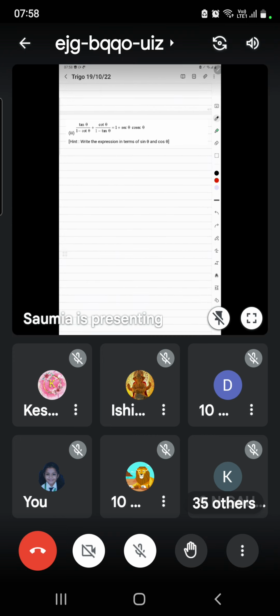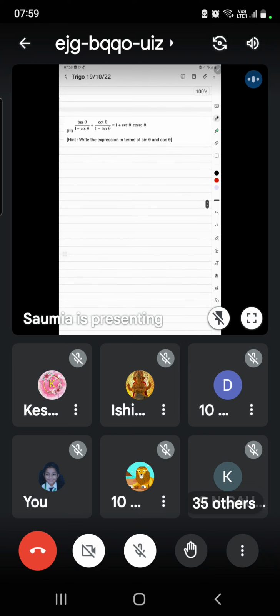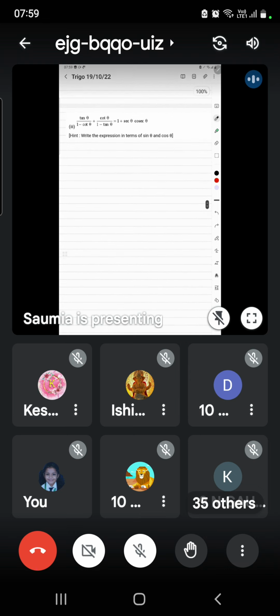Now, let's have a look at the LHS and the RHS. LHS has got tan and cot. RHS has got sec and cosec. Now, look at the hint given: write the expression in terms of sine theta and cos theta. That means in our LHS, wherever we have tan, we will write it as sine by cos, and wherever we have cot, we will write it as cos by sine.